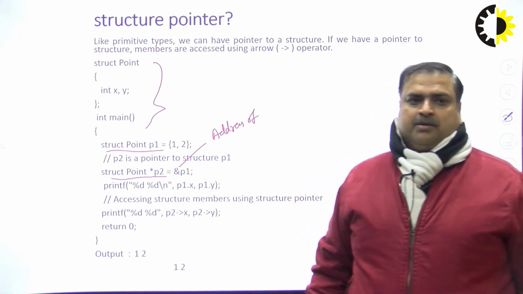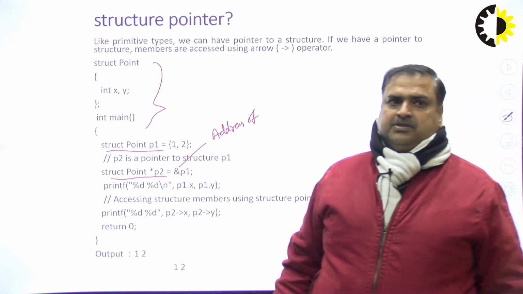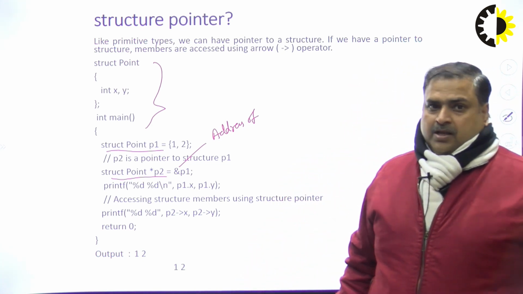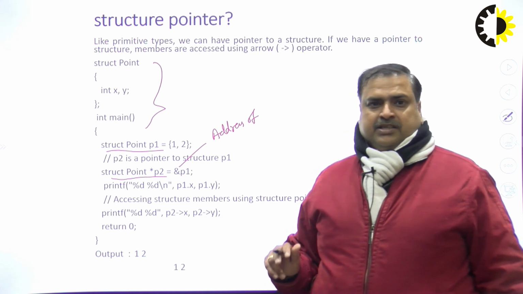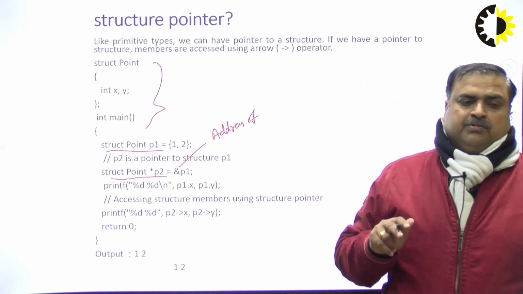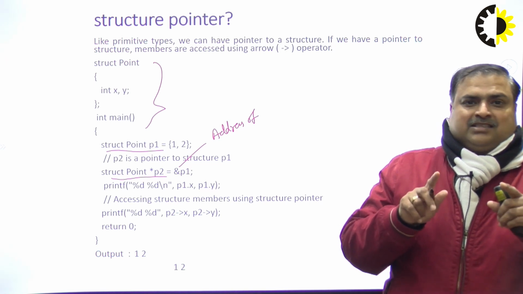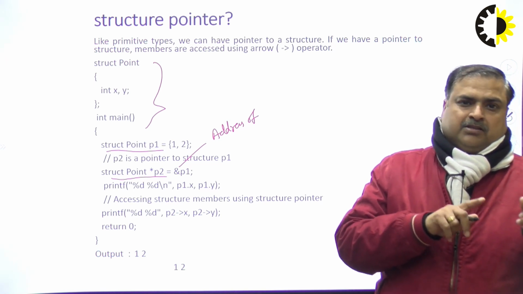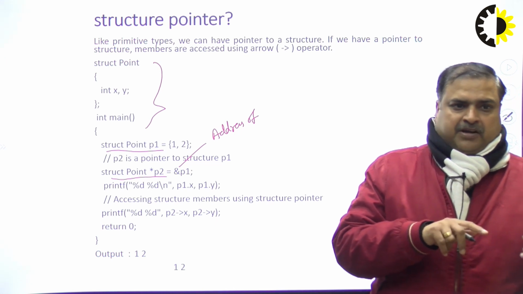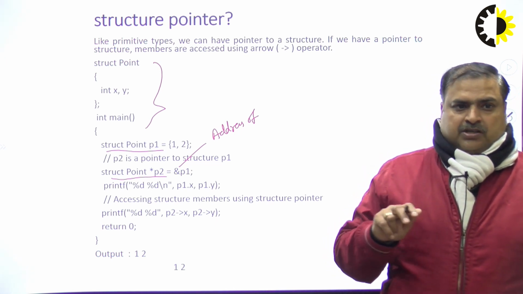So we have created a pointer of type structure. In case we have a pointer variable, then the accessing of members will be different.